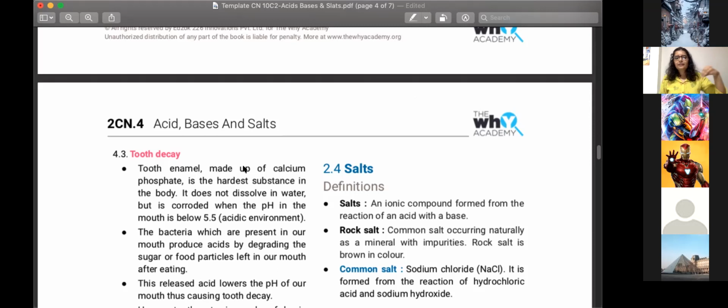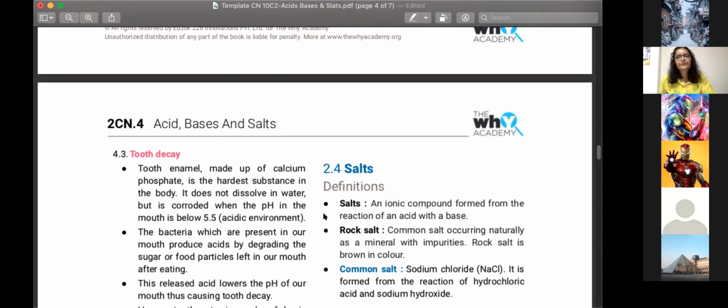Now the bacteria living in your mouth are also living things, they also need to eat. So when they act on the sugars, basically they are eating the sugars, they release acid. It's basically bacteria poop, which is acidic in nature. Now, what do you know about teeth and bones? What are they made up of?